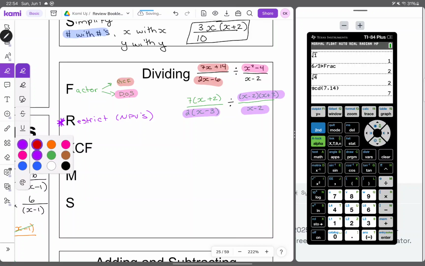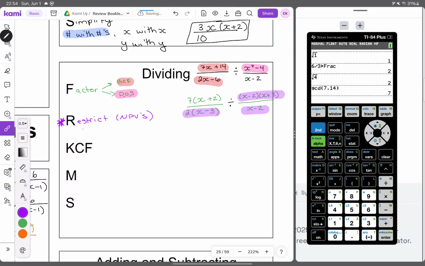So I need to restrict x minus 3 is not allowed to equal 0. So x is not allowed to equal 3. I have to restrict x minus 2 is not allowed to equal 0. So x is not allowed to equal 2.